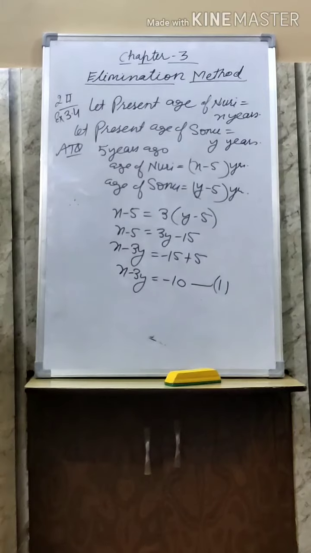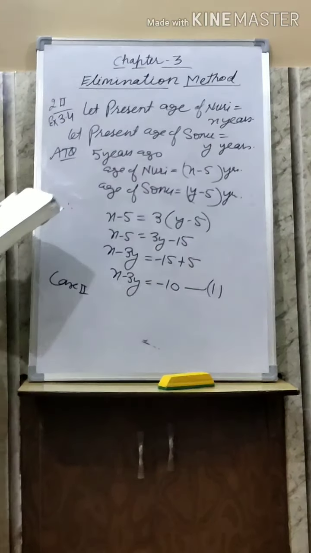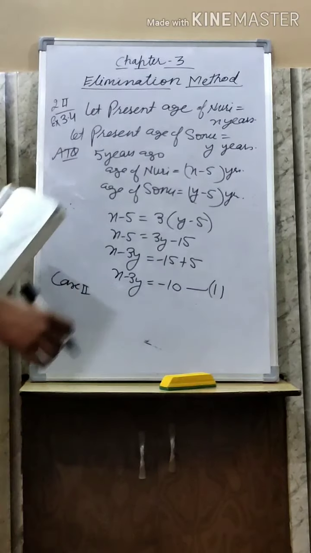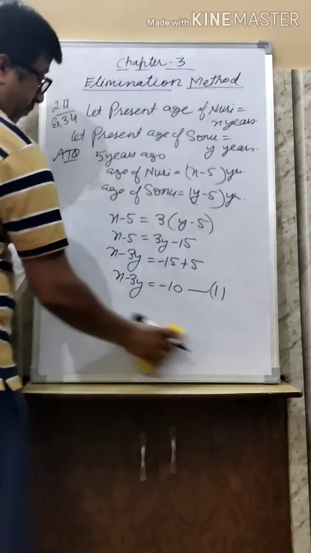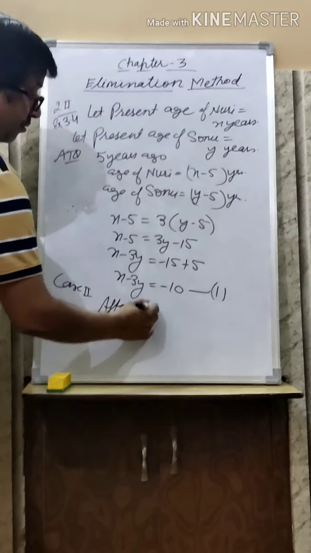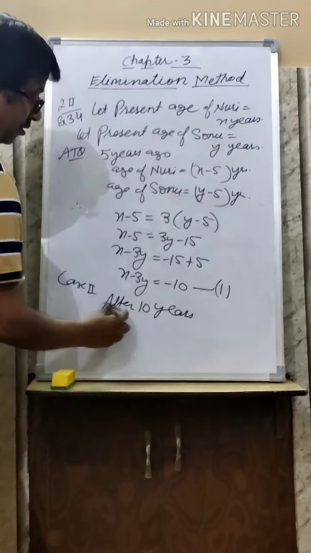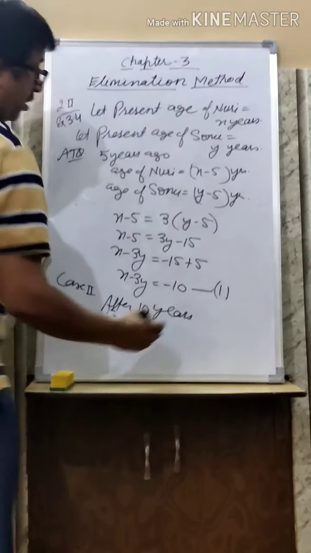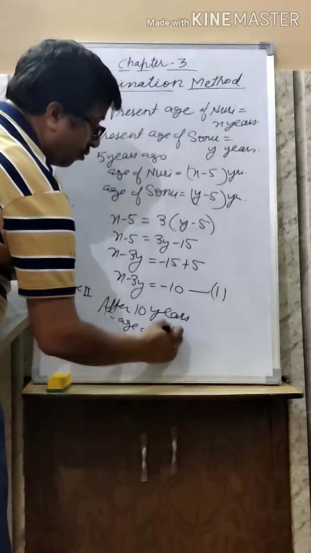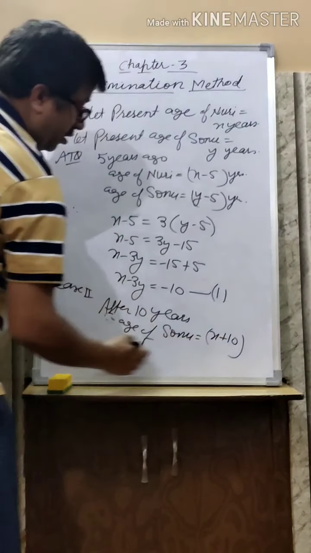Clear this? Now another case, the second: what is it saying? 10 years later. 10 years later means after 10 years. After 10 years, what is the age of Nuri? Very simple: x plus 10 years.